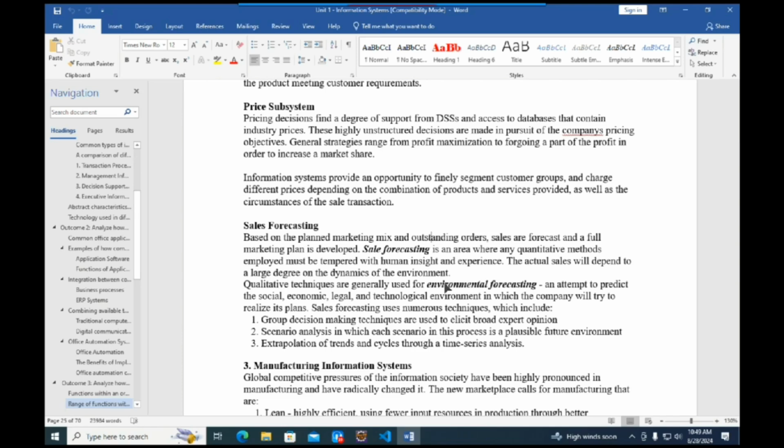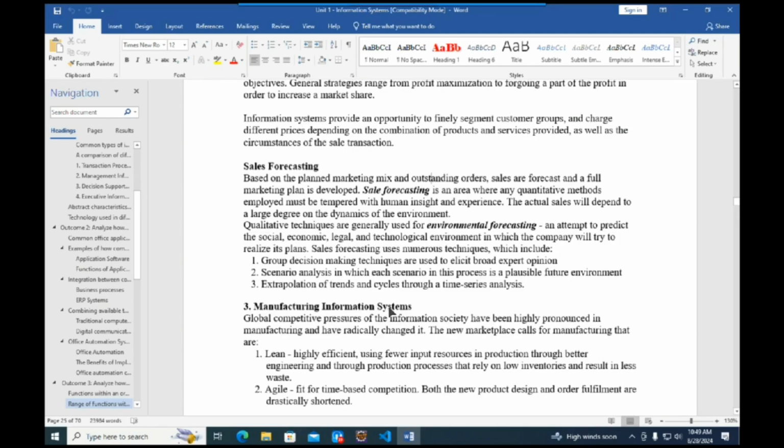When we have information systems, we have an opportunity to segment customers, put them in different groups, and then charge different prices on the combination of the products and services provided, as well as the circumstances of the sale transaction.